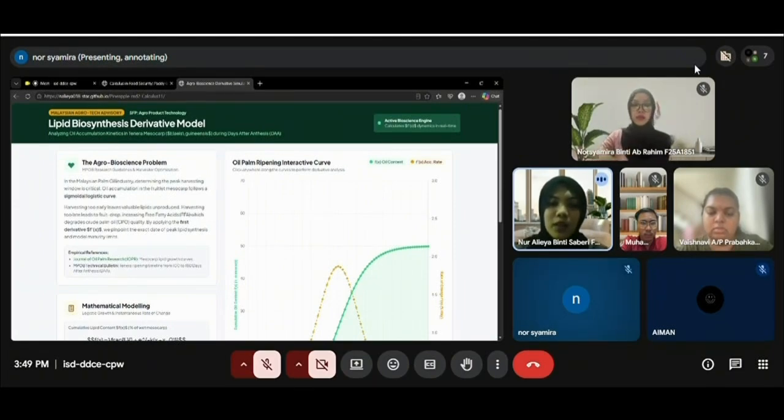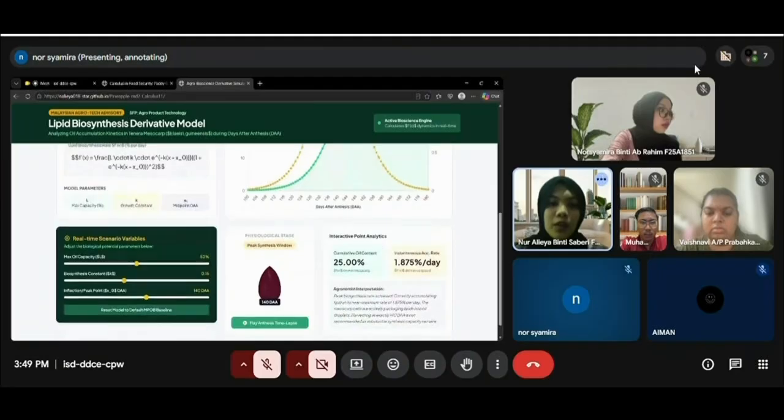The most important part of this project is not the website itself, but the data analysis performed using the website. The data used in this study focus on carbon dioxide, or CO2, production during the post-harvest period.